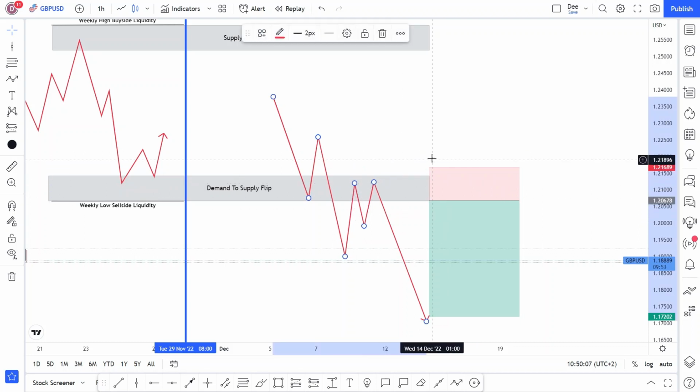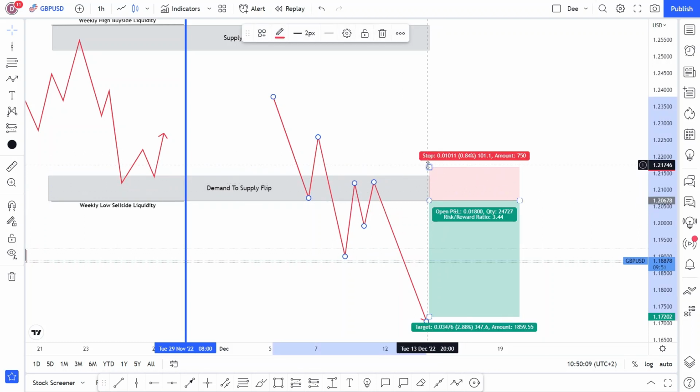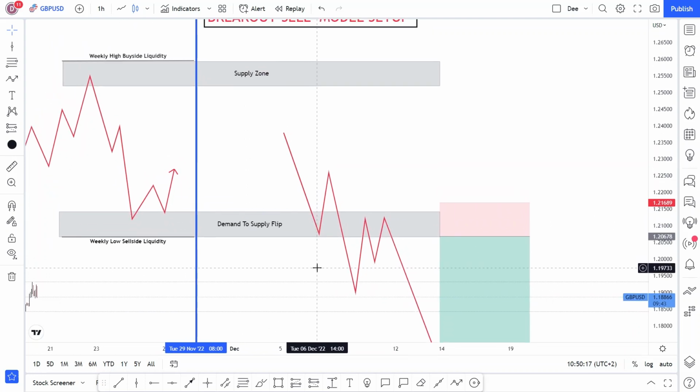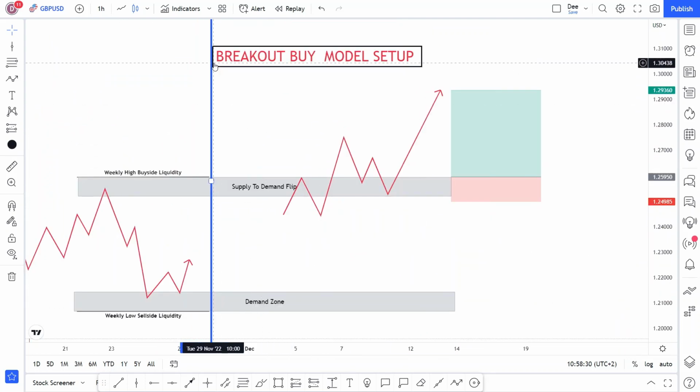So on this scenario, the pending orders or the sell stops or the breakout traders could have won, and we have this demand to supply flip.